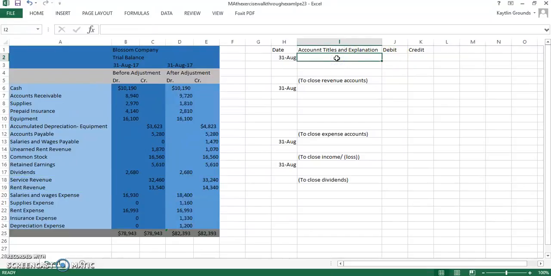So we're going to start with service revenue. To close it out, we're going to debit $33,240. Next, we're going to do rent revenue. We will debit that $14,340.